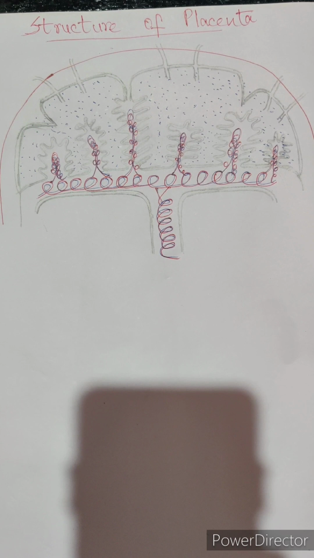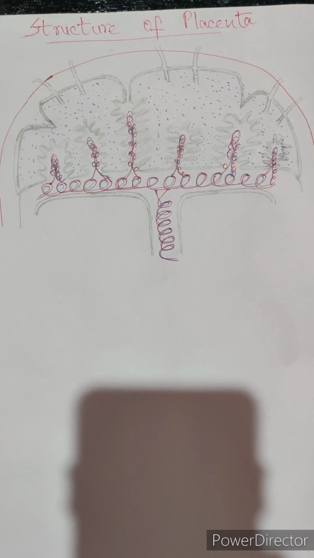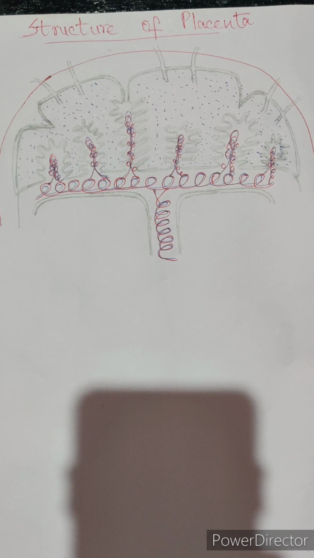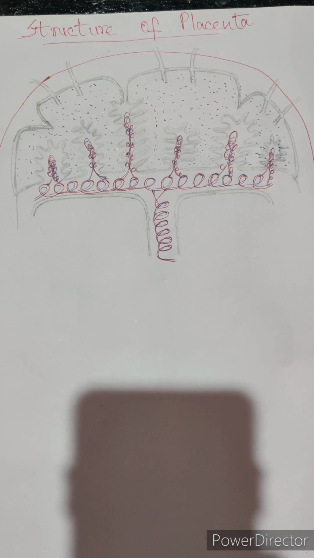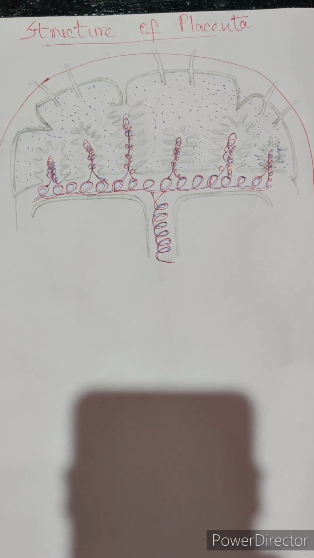In adult circulation, your lungs happen to be functional, whereas in fetal circulation, or you can say in intrauterine life, your lungs happen to be non-functional. Because of that, all the respiratory functions, that is the exchange of gases and the elimination of waste materials, carbon dioxide, oxygen, and oxygenation, everything takes place with the help of the placenta.